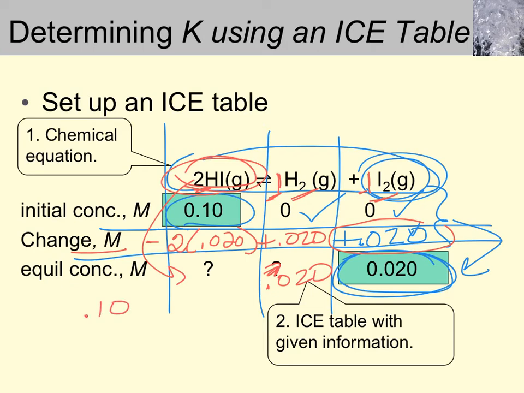It's the initial concentration minus the change, which is 0.040. And so the equilibrium concentration of hydrogen iodide is 0.060. So now you can go back, plug into the expression for KEQ, and solve.